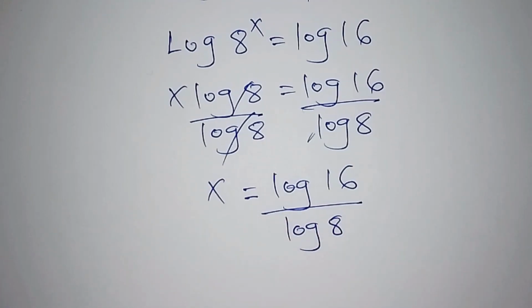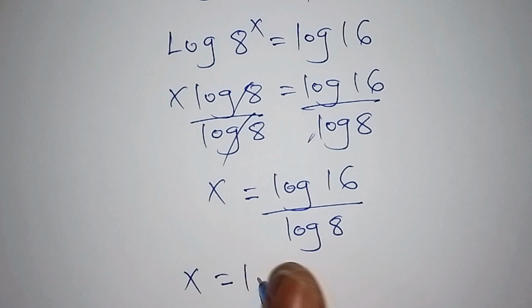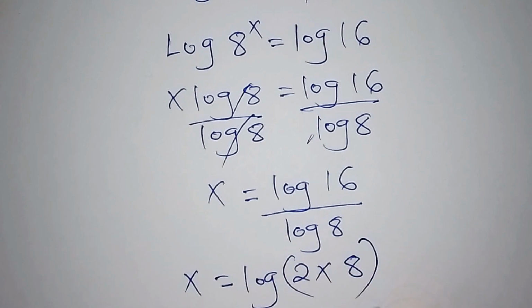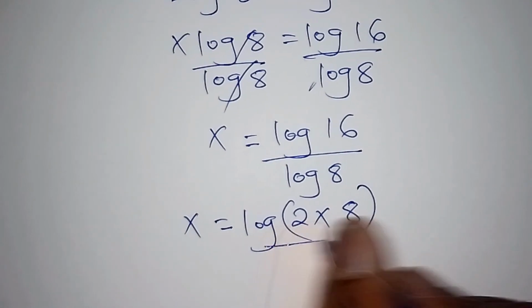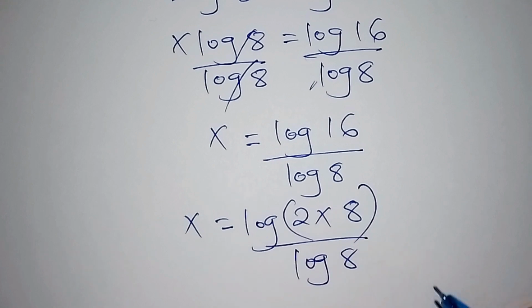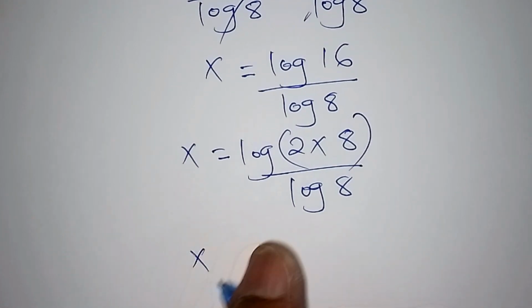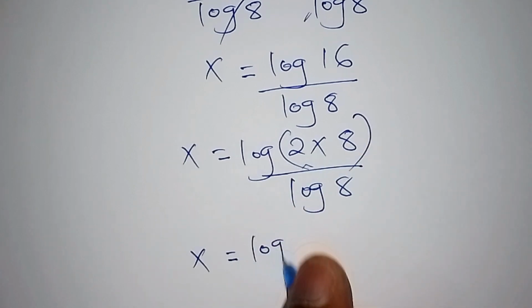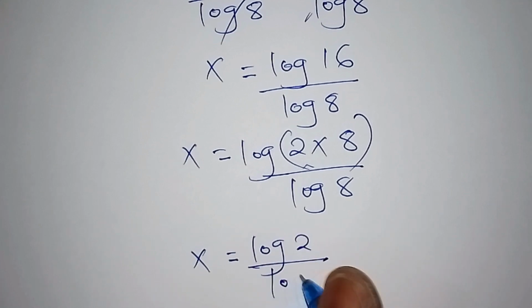So we can still go ahead and simplify or factorize the log of 16. So x equals the log of 16, which can also be written as the log of 2 multiplied by 8, because 2 multiplied by 8 gives us 16, all over the log of 8. From there, let's split: x equals the log of 2 all over the log of 8.